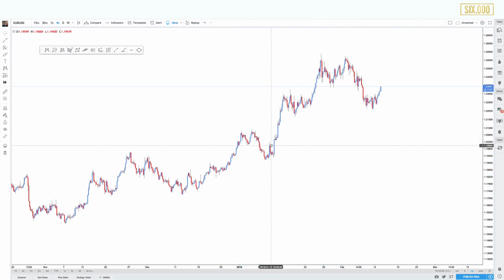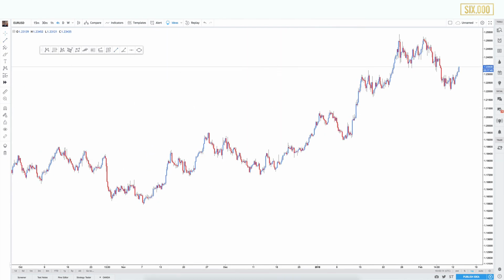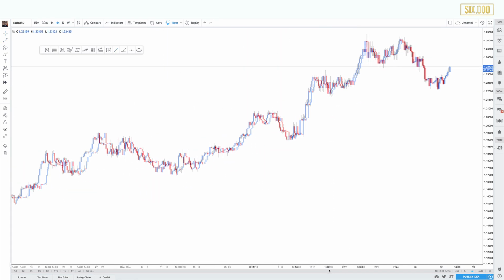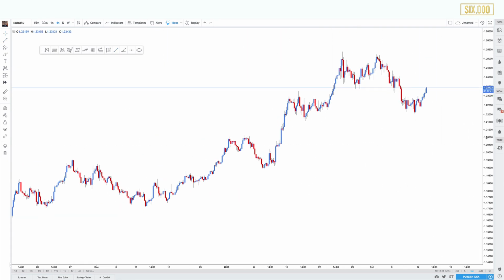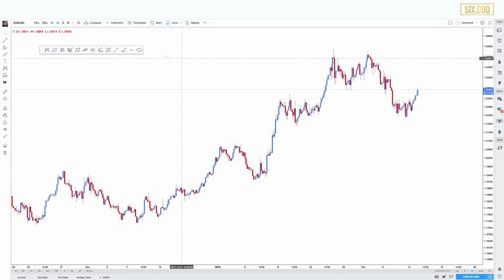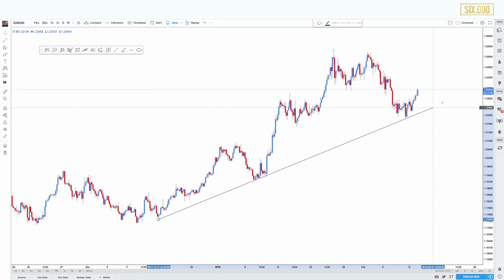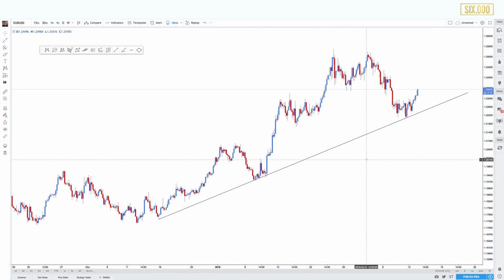When you're drawing in trend lines, and again, this relates to the candlesticks, what I'll do is I'll zoom in on the chart so you can see this very clearly. You want to take it from the bottom of the wick, and again, the same applies for the other candlesticks that you're drawing this in for.